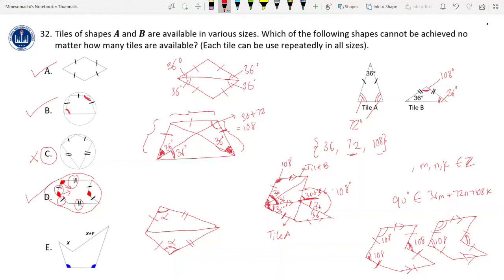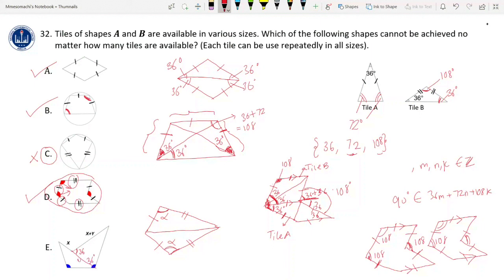And then for tile E, we can extend this side length here. So I'll just erase this. And this here is 36 degrees, 36 degrees.